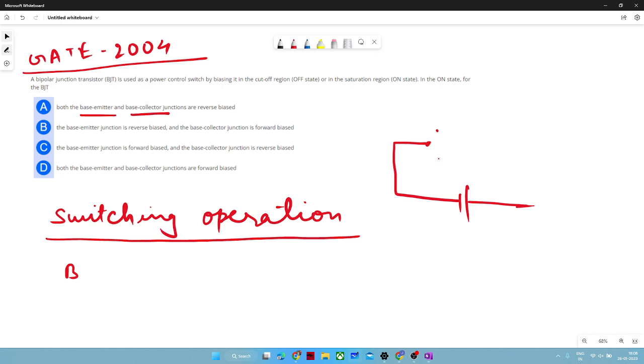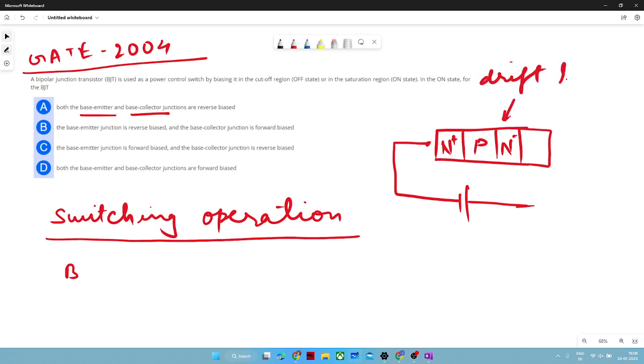So let me draw it for you. The first N region would be heavily doped with electrons, and second would be P. The third layer, which I was talking about, is a drift layer, which enables the device to endure more currents and which will allow the device to operate at higher level of power.